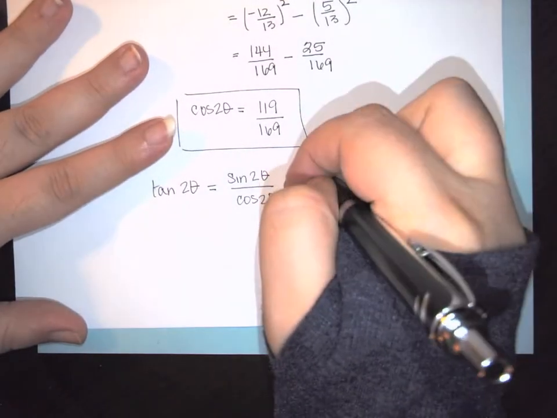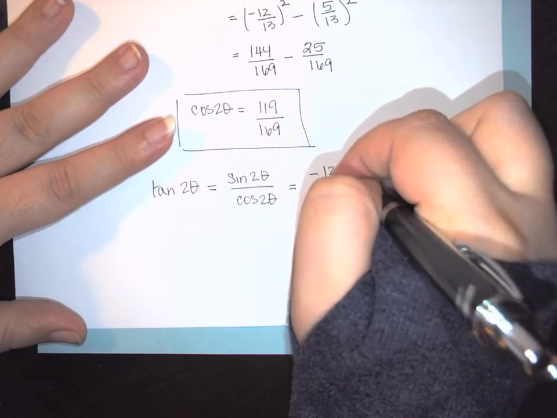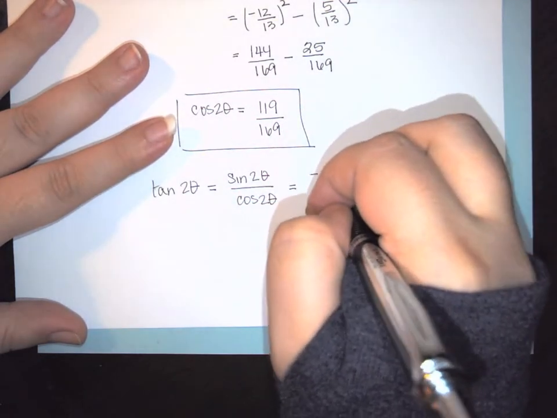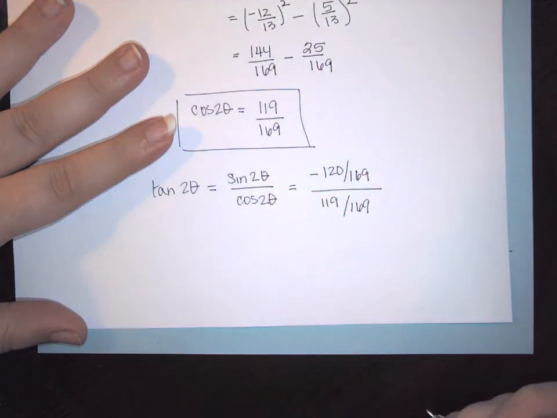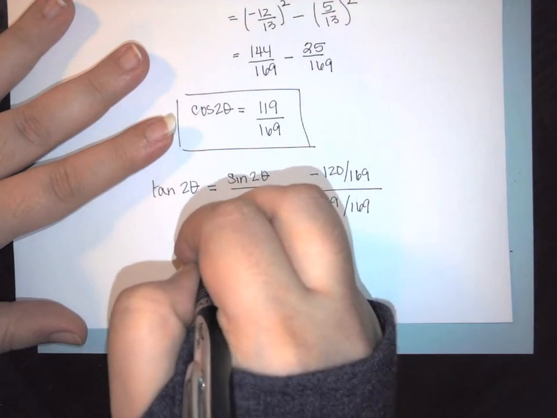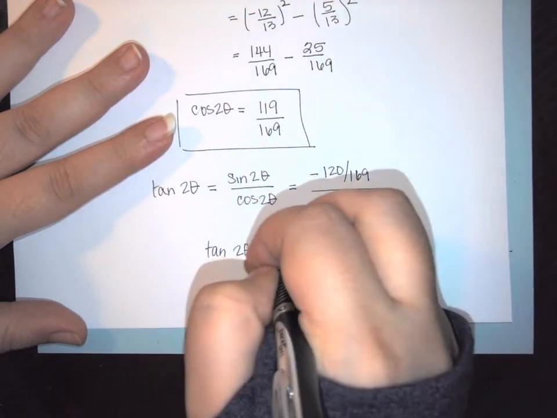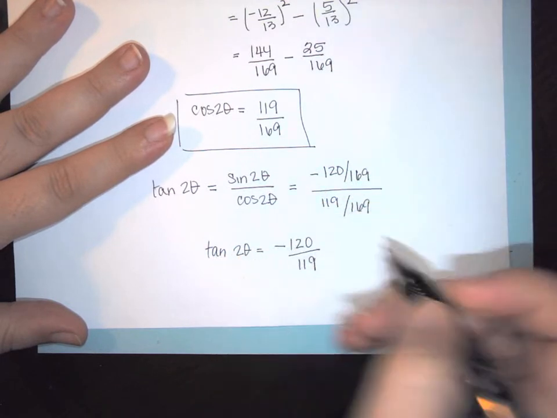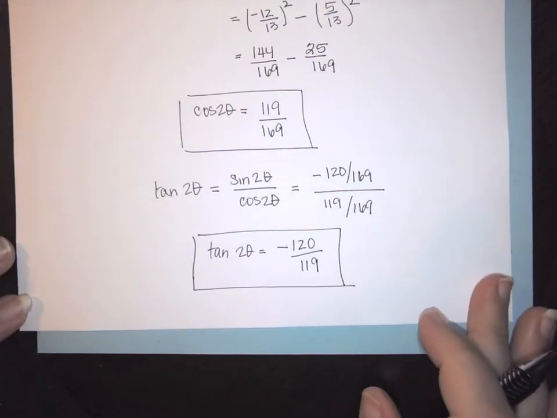I know the sine was -120/169, and I'm going to divide this by the cosine, 119 over 169. My denominators are the same, so I know that the tangent of 2 theta is going to be negative 120 over 119, and here is my third double angle.